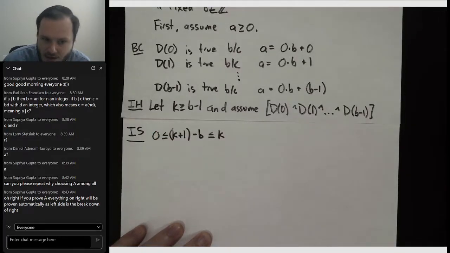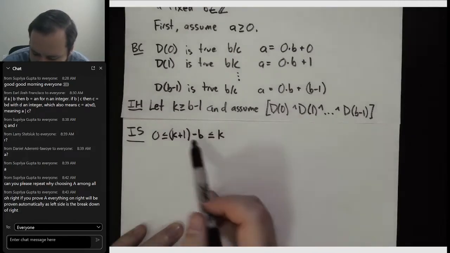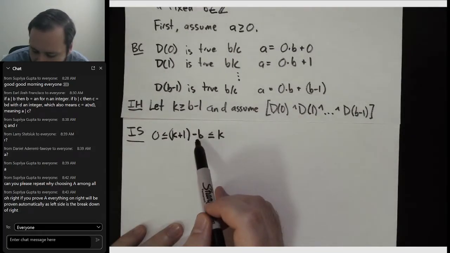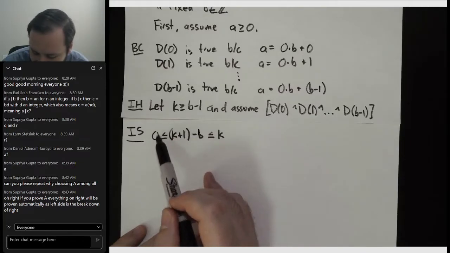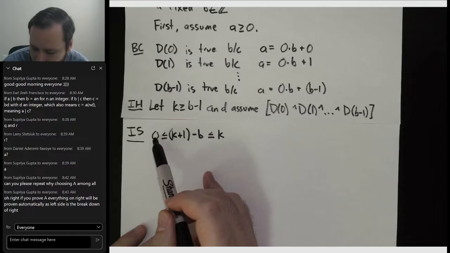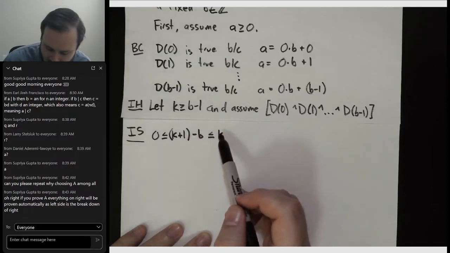This is why my base cases had to go as high as they did. I wanted to make sure when I subtract off b from my next case, I still get greater than or equal to 0, but I'm still smaller than k.